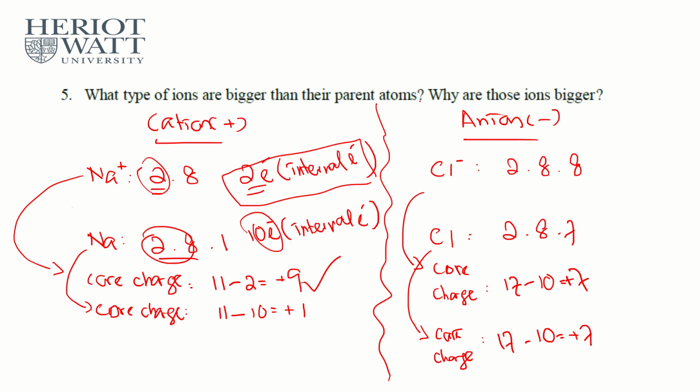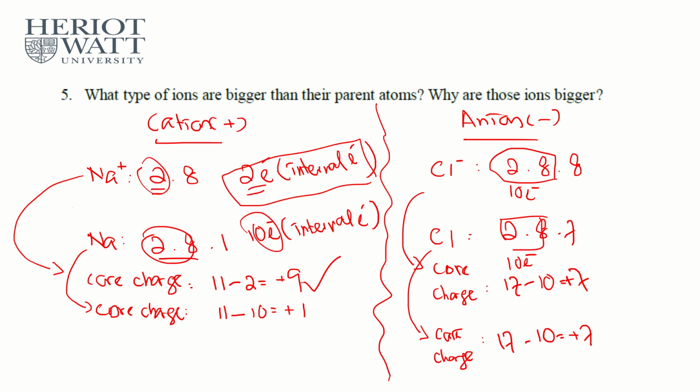But what about the shielding effect? How many internal electrons do you have? I have 10. This one also? Yes, 10 electrons. Now, what happens if both have the same core charge and the same shielding effect? Remember what I said just now: when you move across a period, even though they maintain the same number of electron shells, which means the same shielding effect, the shielding effect does not stay constant, but it stays relatively constant.